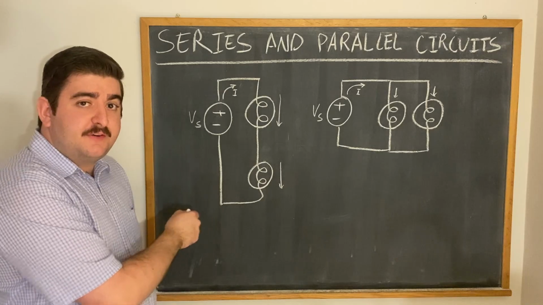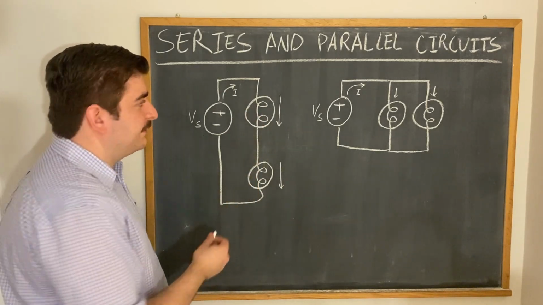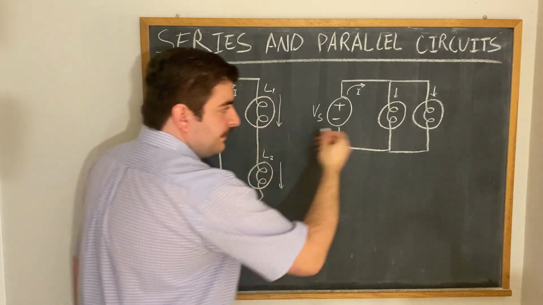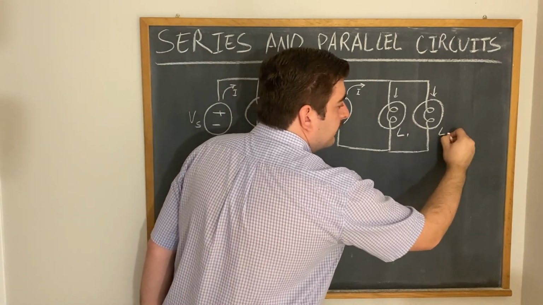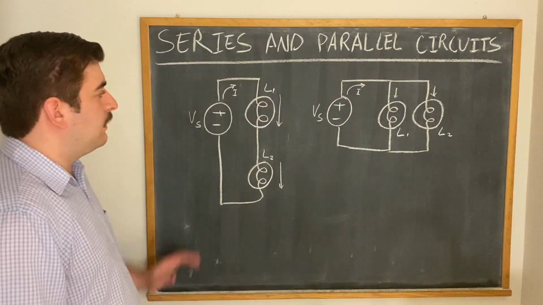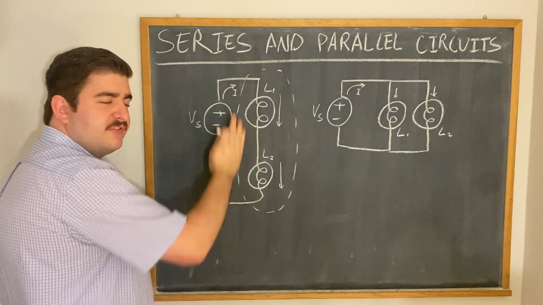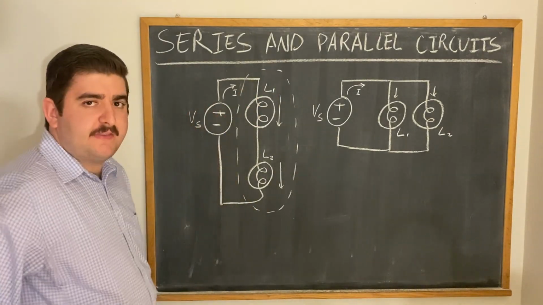Take, for example, the series circuit. We've got to label these. This will be light 1, and this will be light 2. And over here, this will be light 1, and that will be light 2. So now, the series circuit, just the lights. How do we write that?